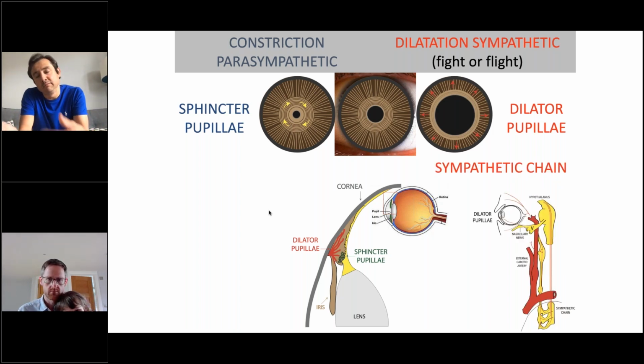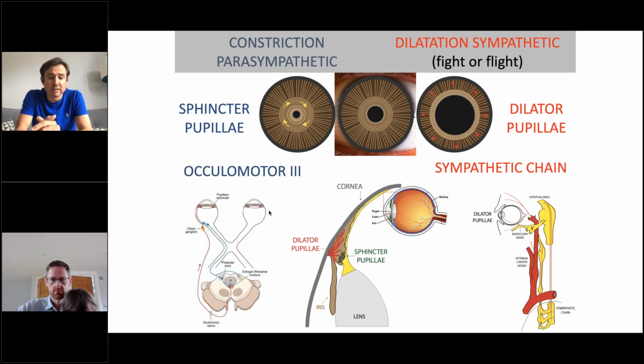The question that we're seeing here is, why do you get the dilated pupil? And it's because of the two different ways into the eye that the sympathetic and the parasympathetic take. So the sympathetic arises in the hypothalamus, goes up the sympathetic chain, and enters the eye via the artery, as shown in the picture. Whereas the parasympathetic, again, as we know, enters via the Edinger-Westphal nucleus, and coats the outside of the oculomotor nerve.